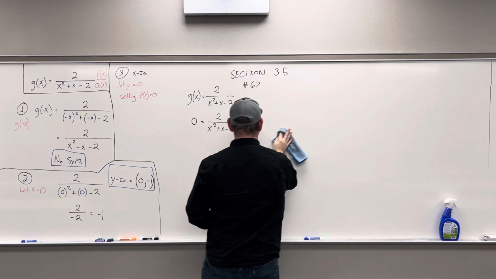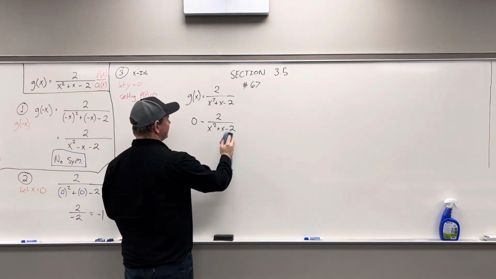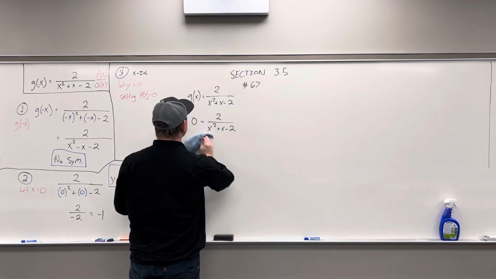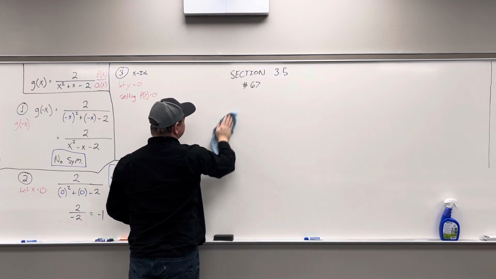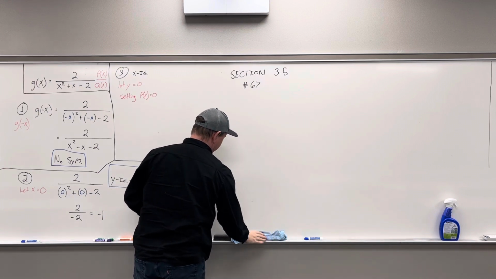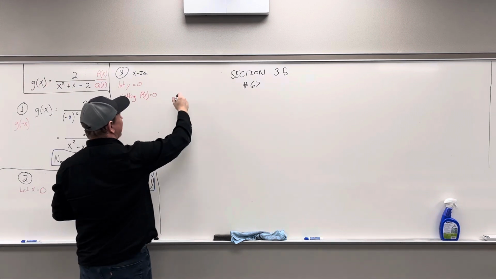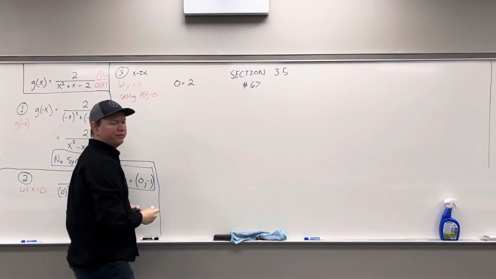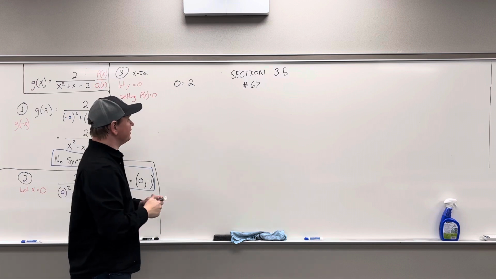And you may already be ahead of me, but you're noticing that if I just set this top portion equal to 0, here, let me get rid of this. If you set the top portion equal to 0, you would have a statement that says 0 equals 2. That is not a true statement.